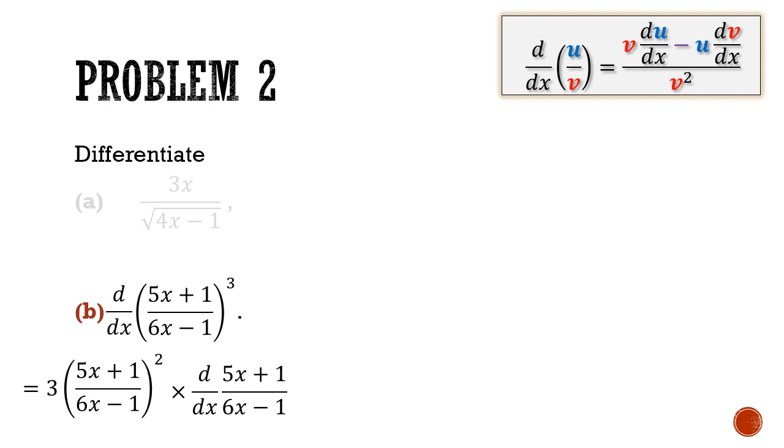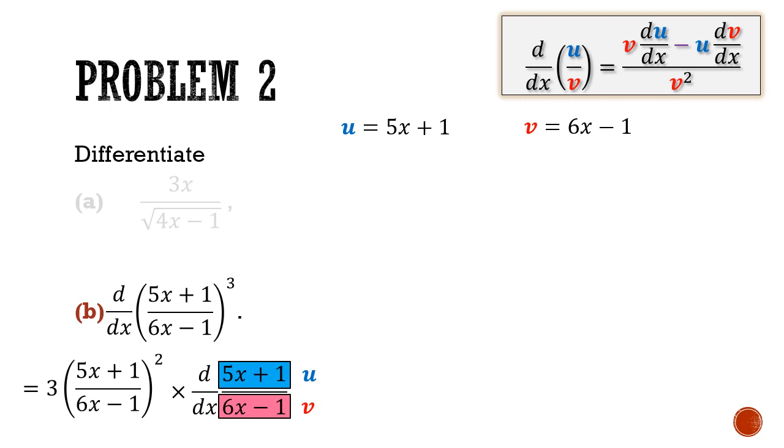So we've done the first part, but we haven't differentiated the algebraic fraction 5x plus 1 over 6x minus 1 with respect to x yet. To do that, we'll need the quotient rule. So let's set u to be the numerator, 5x plus 1, and v to be the denominator, 6x minus 1.